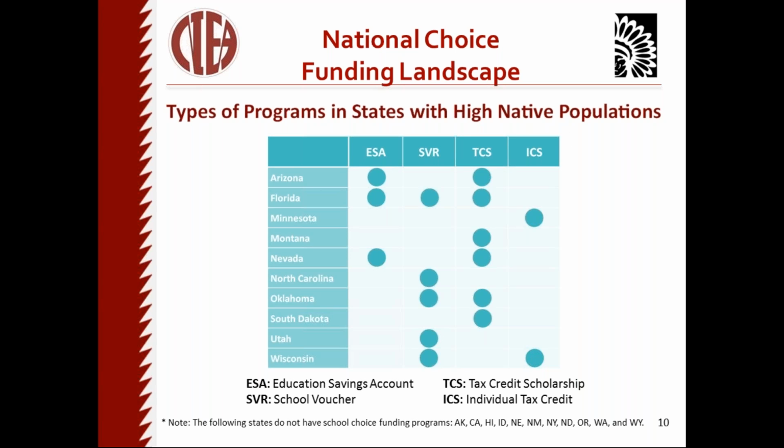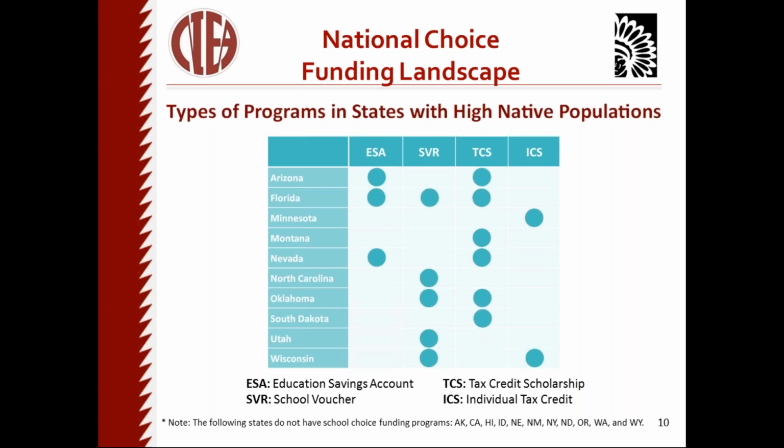You'll see at the bottom, education savings accounts, ESAs, and if you look at those are the high Native population states, where these methods of trying to provide choice are highlighted and are available under state law. So ESAs: Arizona, Florida, and Nevada. School vouchers are available in Florida, North Carolina, Oklahoma, Utah, and Wisconsin.